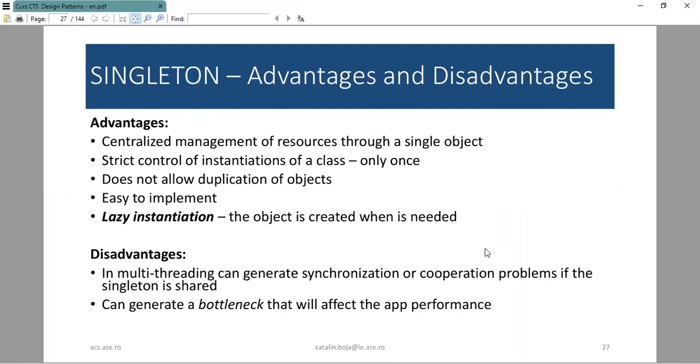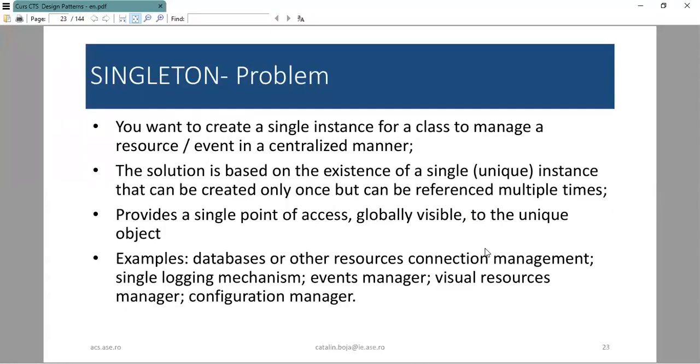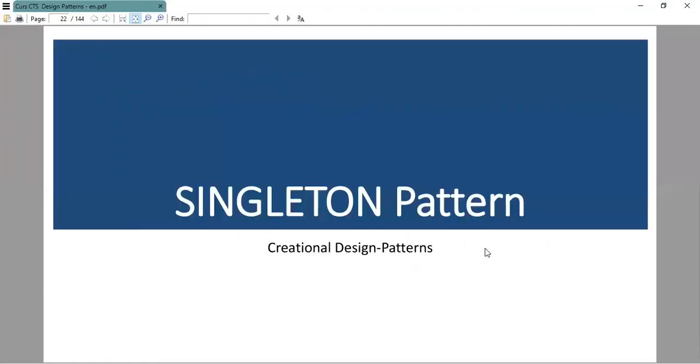If you manage your database connection, everything will go through that connection. So it will slow things down, okay? And for this reason, some are saying the singleton is actually an anti-pattern in some cases if it's not used properly.